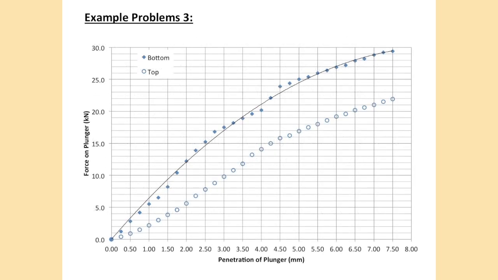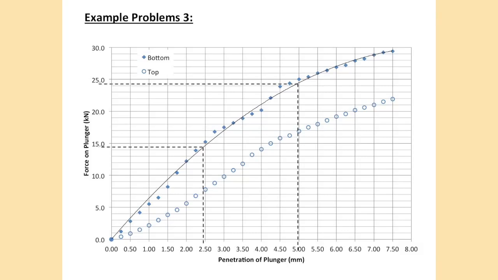Back to our graph, this CBR curve is similar to the CBR curve in question 2. It is a concave curve, so there is no need to do correction. So now, we can proceed to determine the load at 2.5 mm and 5 mm penetration from the curve.